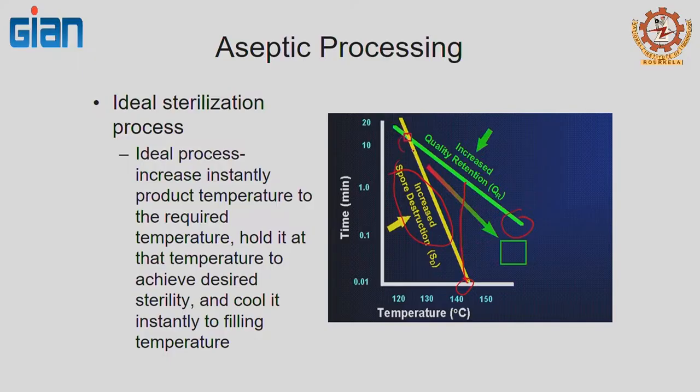Whereas at 121 Celsius, which is the traditional canning temperature, you are going to have almost a similar destruction of both nutrients and the spore forming bacteria. So, the concept behind aseptic processing: can we raise the temperature very quickly to a higher temperature, 130, 140 Celsius, so that you can destroy the microorganisms without damaging the nutrients and the quality attributes.